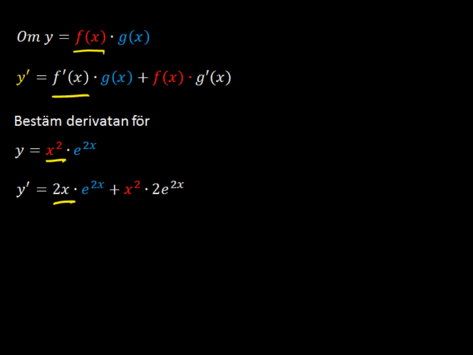Then we have to multiply it by the original g of x. See that there? So we have the f prime of x times the g of x. And then in the next step, we have the original f of x times the derivative of g. See how that works there?